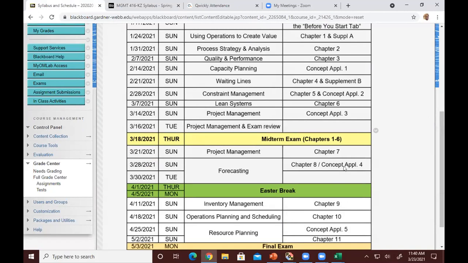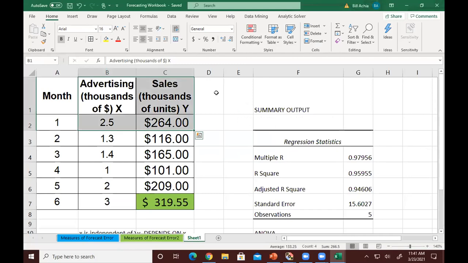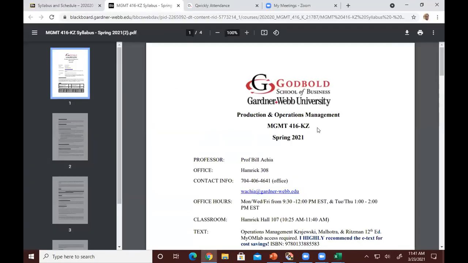So I'm going to push this out to April the 11th, and I'm going to make that revision in the syllabus, so it's going to be due at the same time as the inventory management assignment, not this week. Thanks for bringing that up. The next concept application assignment, which was supposed to be due this week.